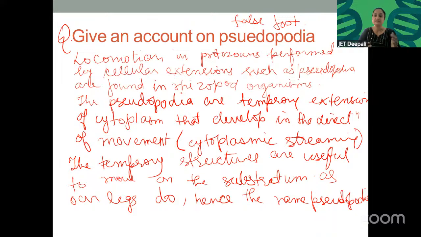So they change their shape while cytoplasmic streaming. They collect the cytoplasm at one corner and then shrink or expand. This is called cytoplasmic streaming. This is a temporary structure useful to move on the substratum as legs do, hence the name pseudopodia.